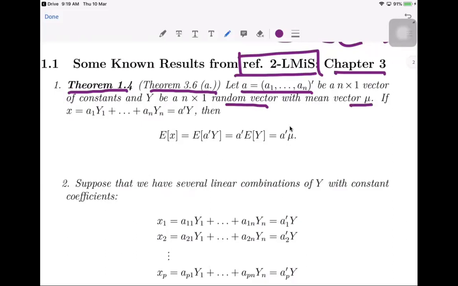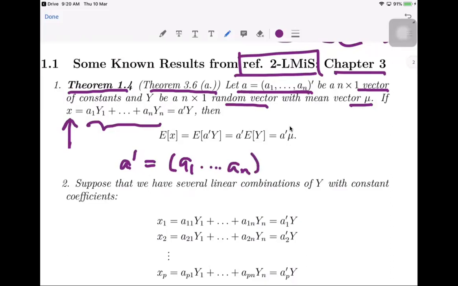If we make a new random variable which is a linear combination of your random vector and a constant vector, that is a prime y.